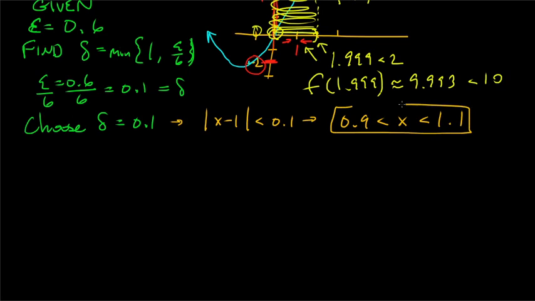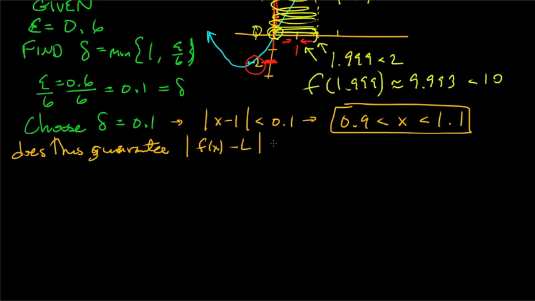So as long as x is within that interval, does this guarantee that my absolute value of f of x minus L will be less than epsilon? Or in this particular case, will x squared plus 3x minus 4 be less than 0.6?